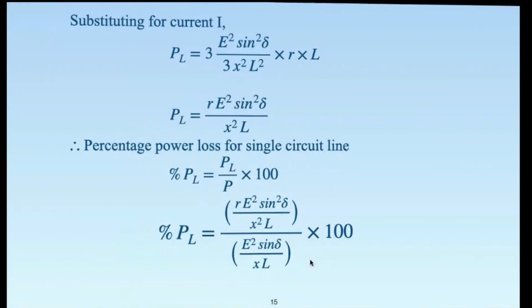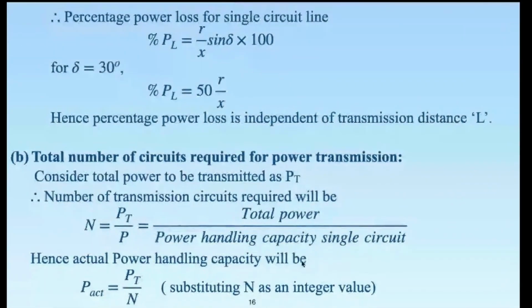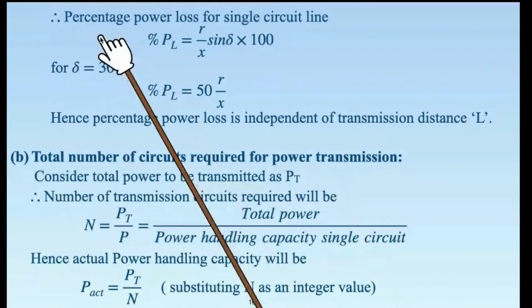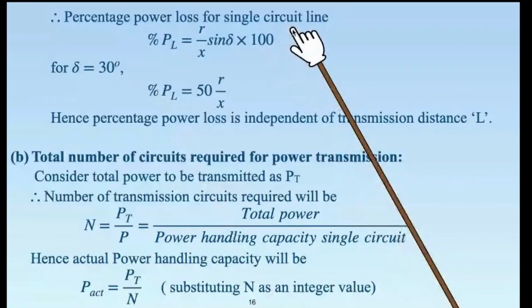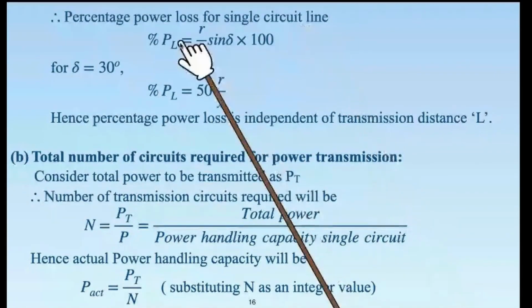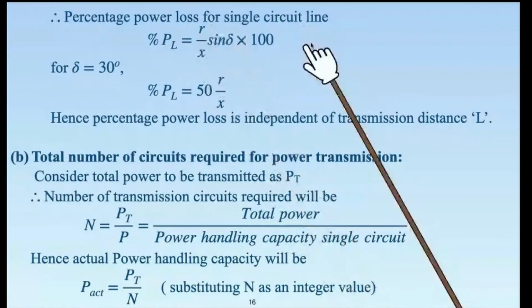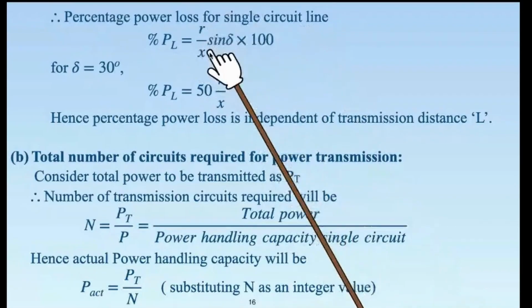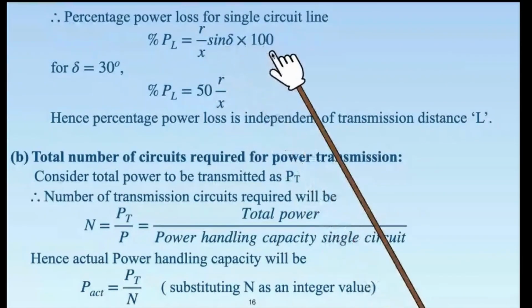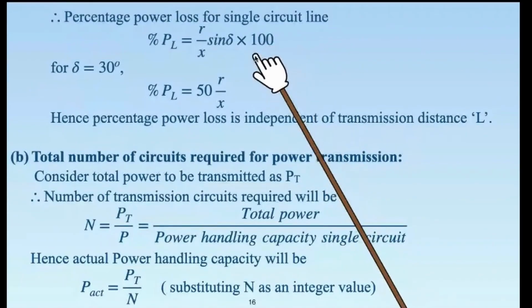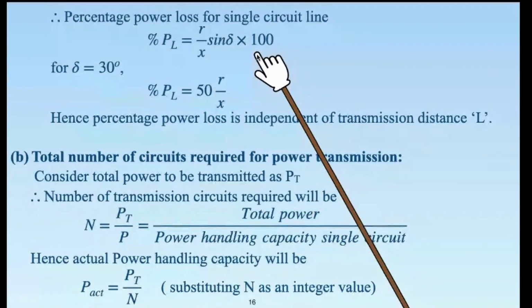We move to the next slide and come across the percentage power loss for single circuit line. The equation gets simplified like this: R by X times sin delta multiplied by 100. All other terms will vanish.